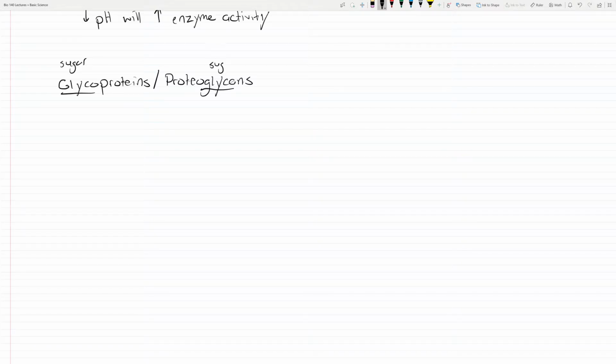Sugar. Okay, so glycoproteins are pretty much self-explanatory. They're large proteins with small carbohydrates attached.